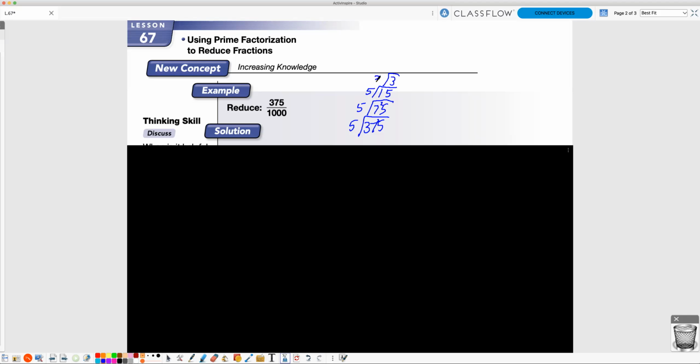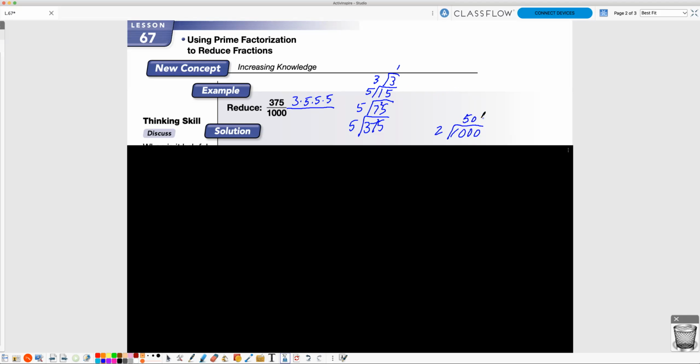And the only prime number that 3 is divisible by is 3, and we end up with 1 on top. Now that I have these, I know what 375 is: 3 times 5 times 5 times 5.